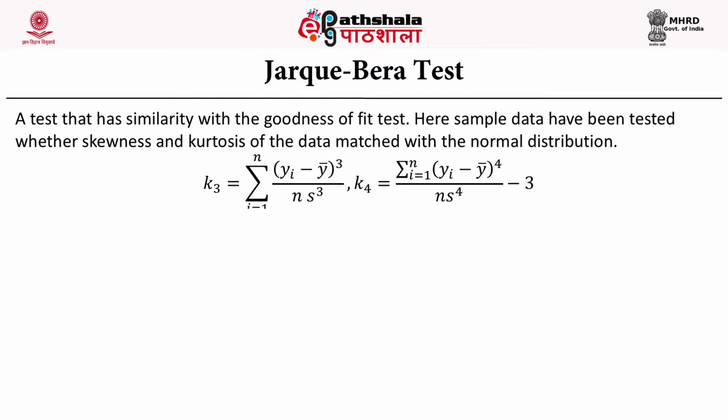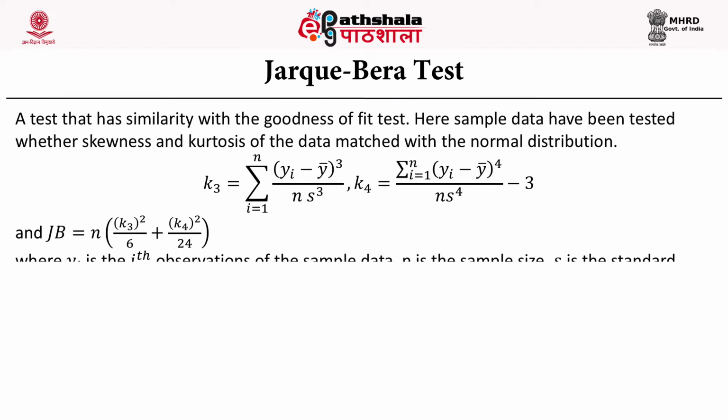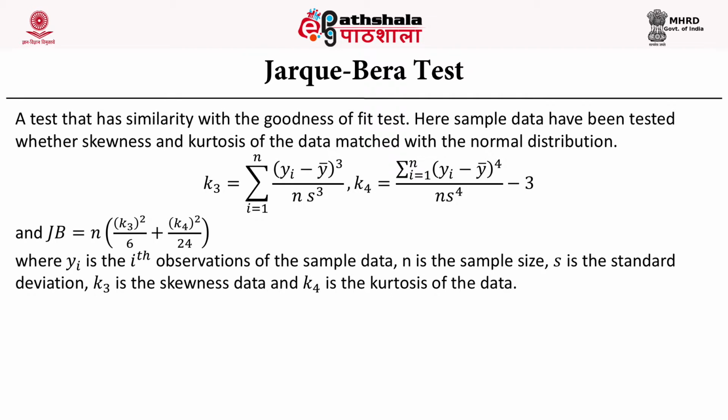The test statistic is given here as JB, which is equal to n times k3 square divided by 6 plus k4 square, whole square, divided by 24, where k3 is equal to the summation of yi minus y bar whole power 3 divided by n s cube, and k4 is the summation of yi minus y bar whole power 4 divided by n s to the power 4, minus 3. Here yi is the ith observation of the sample data, n is the sample size, s is the standard deviation, k3 is the skewness of the data, and k4 is the kurtosis of the data.